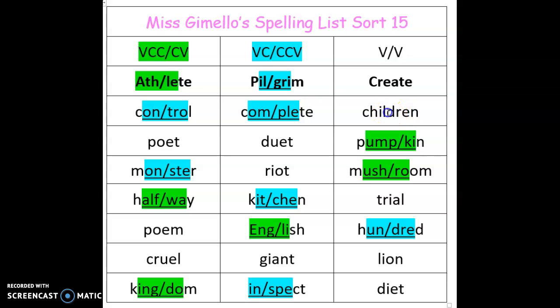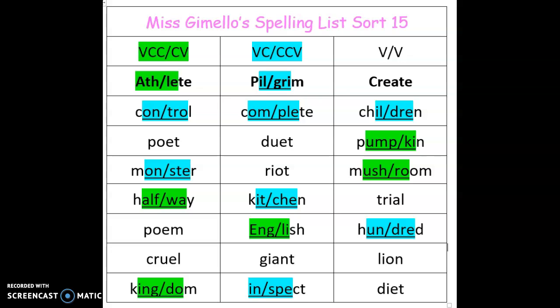As I'm saying it out loud, I'm thinking, where does the word stop? I need the next breath, children. So I have my vowel, consonant, split, consonant, consonant, vowel. It is critical that you study where these split so that you know how to take your test.